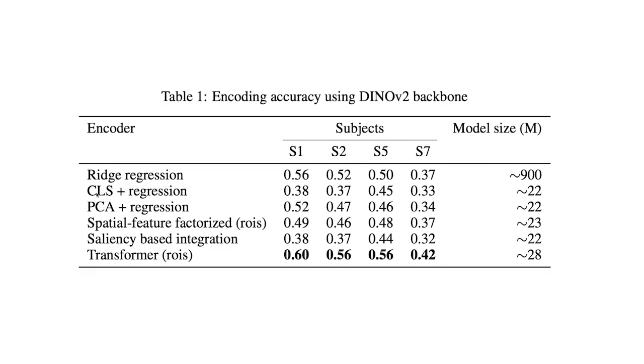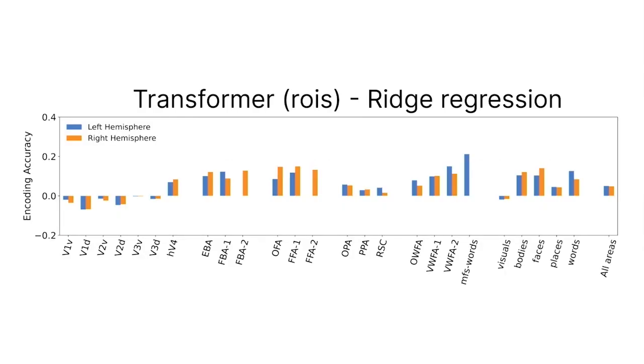All these other models that people use, you could use the special token, you could use PCA to reduce dimensionality, a spatial feature factors model, or some saliency-based integration. What our model does is that because of the content-based routing, it doesn't need that many parameters, but it also doesn't lose information because it learns to route the right kind of information.